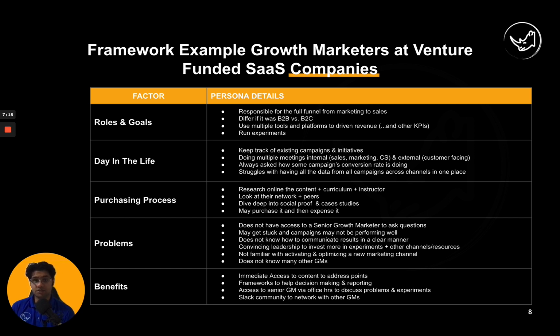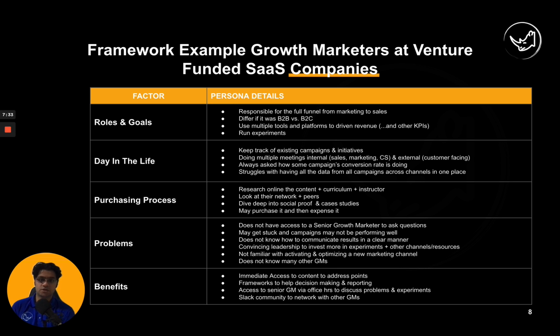For the purchasing process, it will differ if the content's online versus having an instructor. They'll probably ask their peers and look at their network and see, hey, what's the best course?